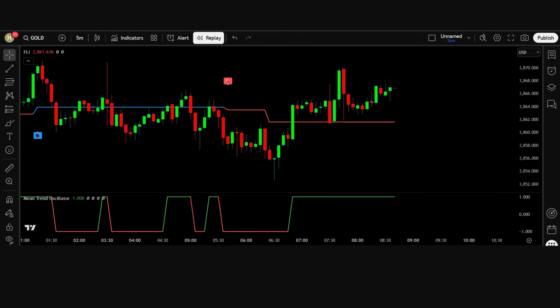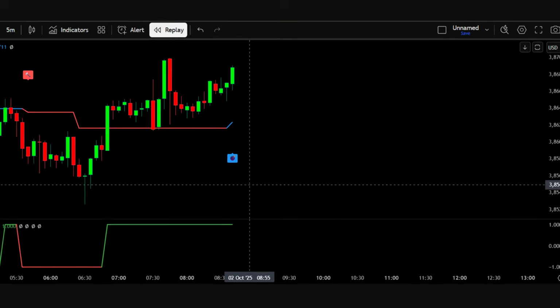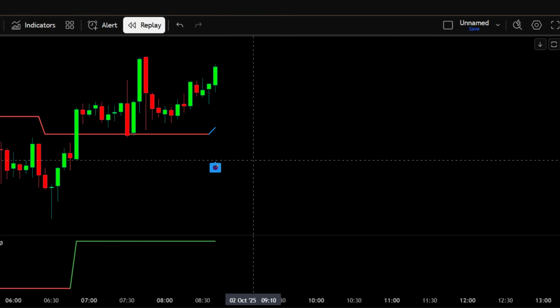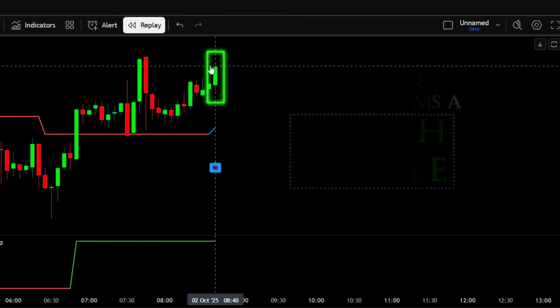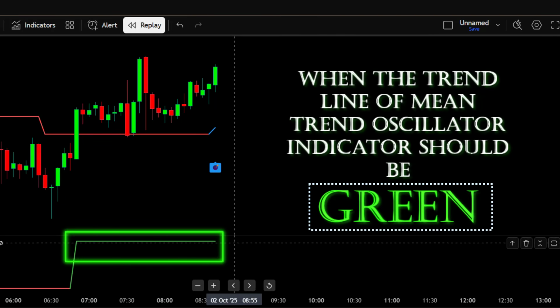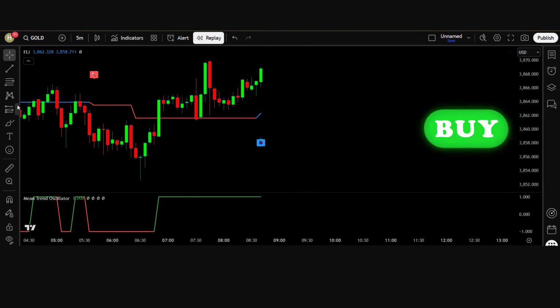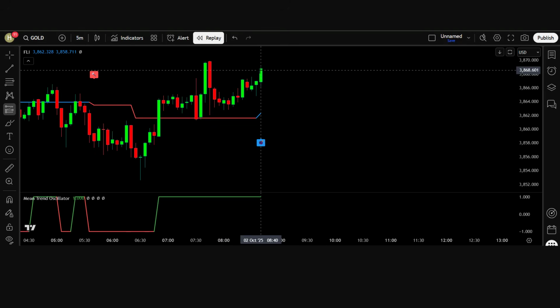Now, let's understand the concept where we will take buy and sell trades based on their conditions. When the Follow Line indicator gives us a buy signal, when the market has created a bullish candle, and when the trend line of the Mean Trend Oscillator indicator is green. If this condition is fulfilled, then we will place a buy order.